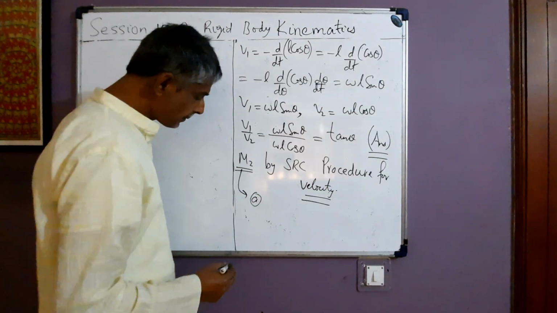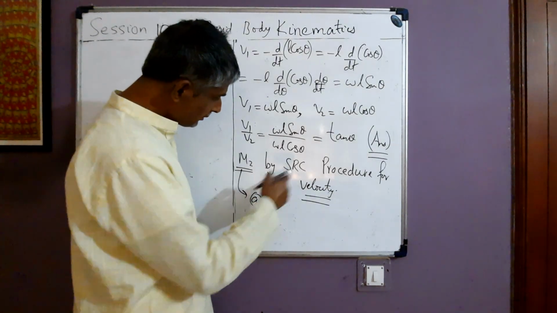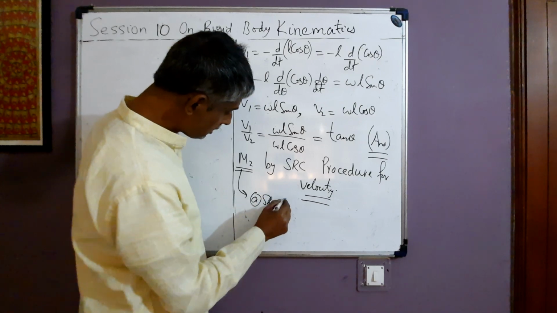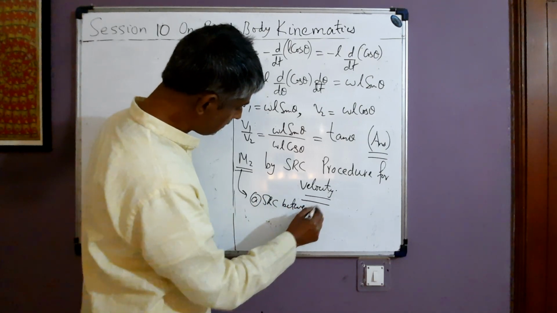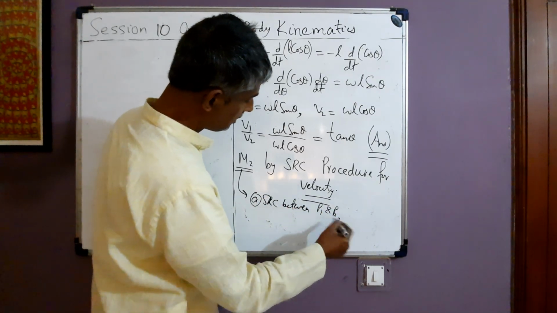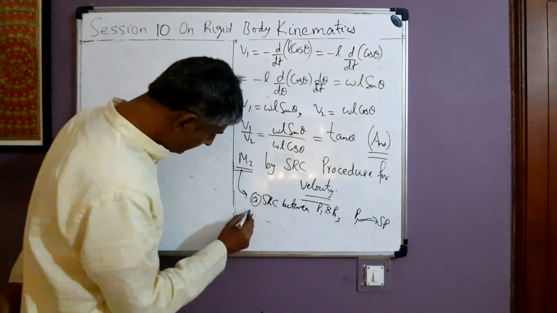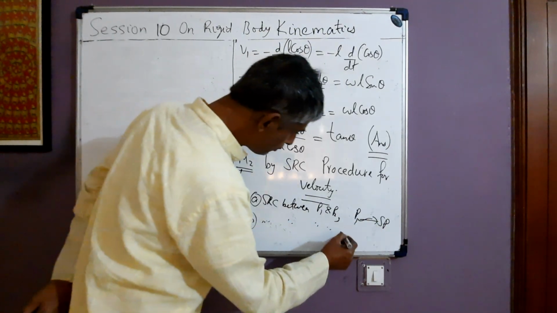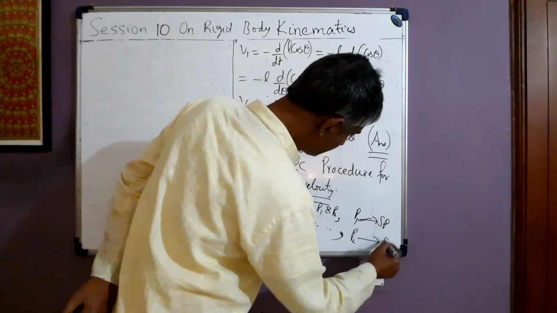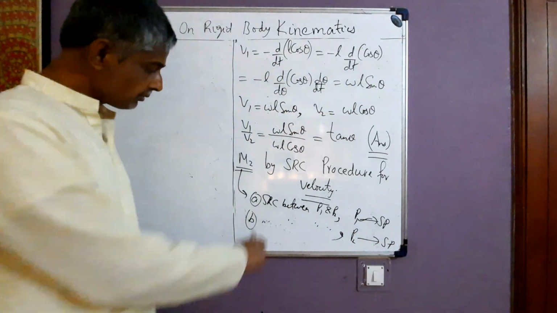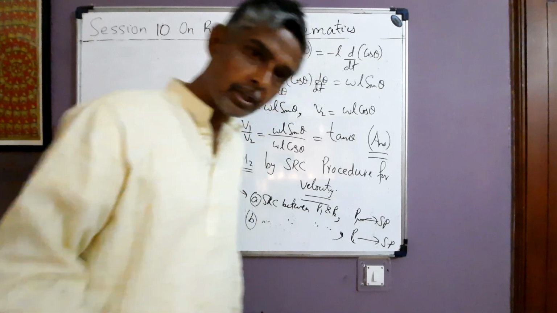Case A, in which we apply SRC between P1 and P2 and we take P1 to be the SP. And case B, SRC between P1 and P2 taking P2 to be the SP. So by two different sub cases we will solve method 2.